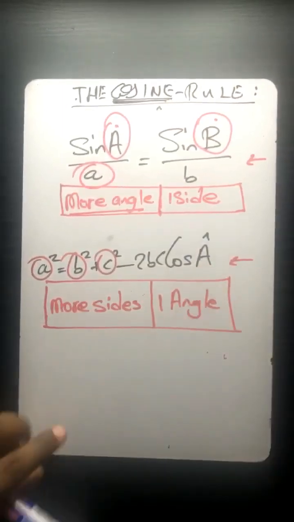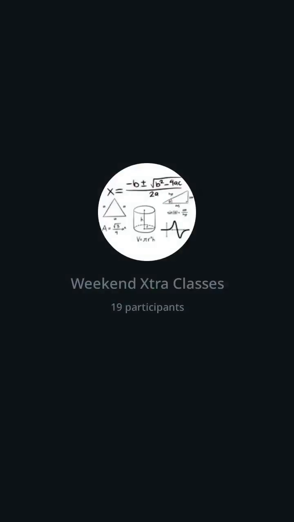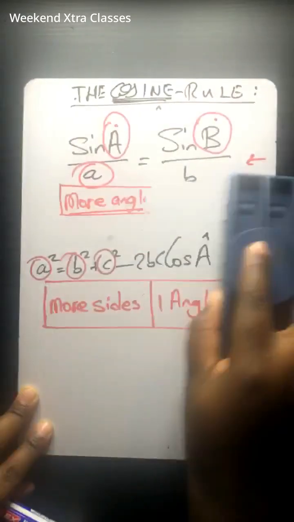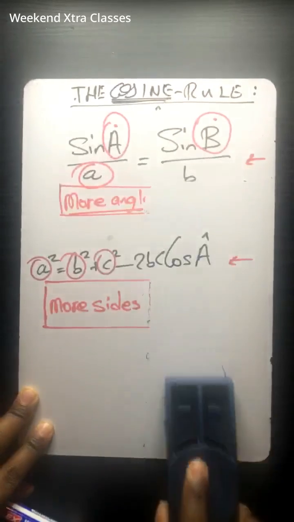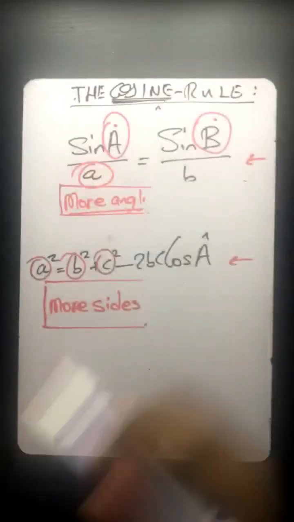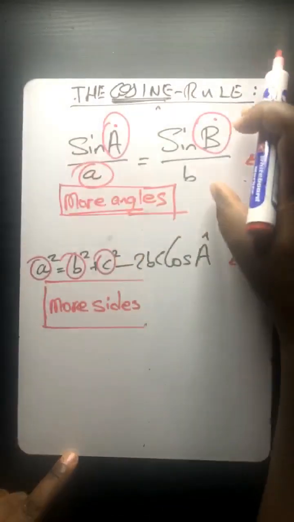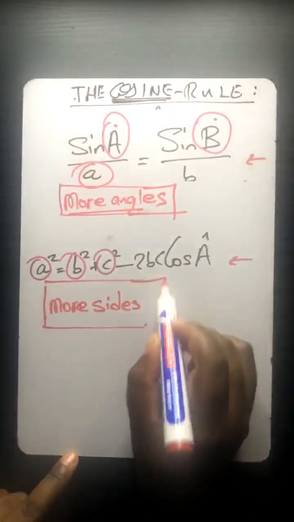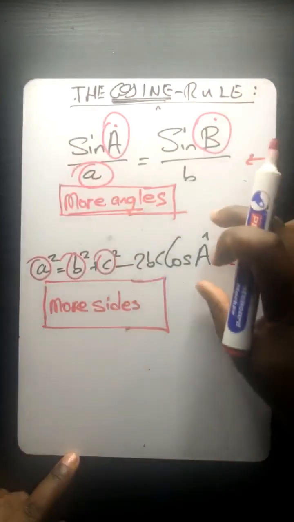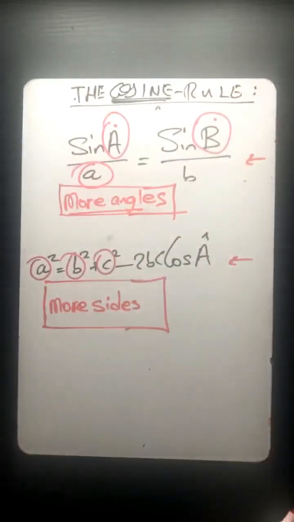This is how you then update it to say, okay, I think in that way it doesn't summarize. Then let's maybe try to remove that and say, if we are given more angles, we use this. If we are given more sides, we consider this. Yes, I think now it summarizes.